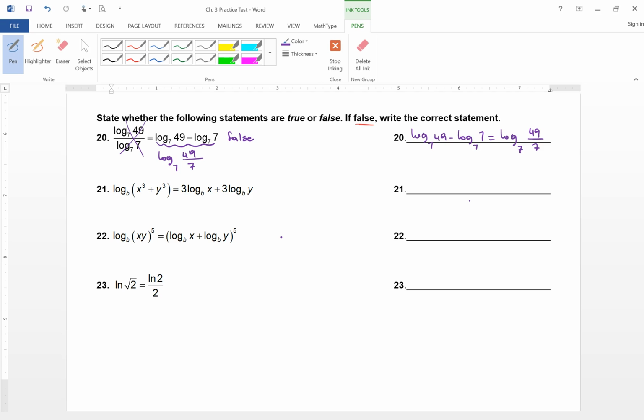You could also do that, right? You could also take that one: log 7 to the power of 7 squared, so it's 2 over 1. So you could also write that.